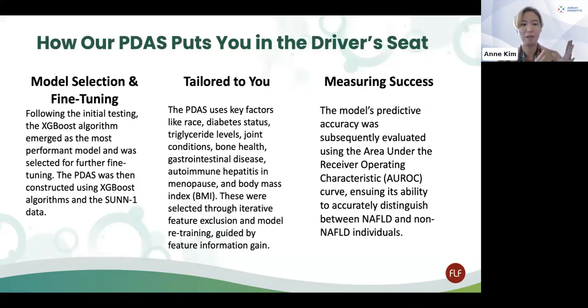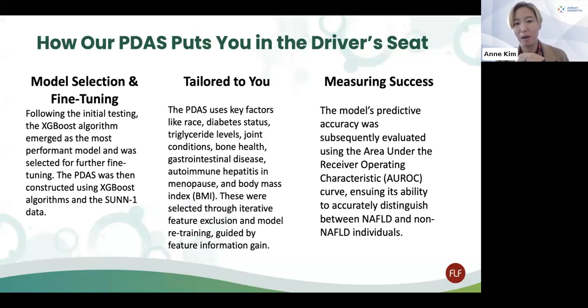So by using this data set and training this XGBoost algorithm, we were able to have easy to interpret risks for the contribution of these different types of factors to the ultimate risk of fatty liver.